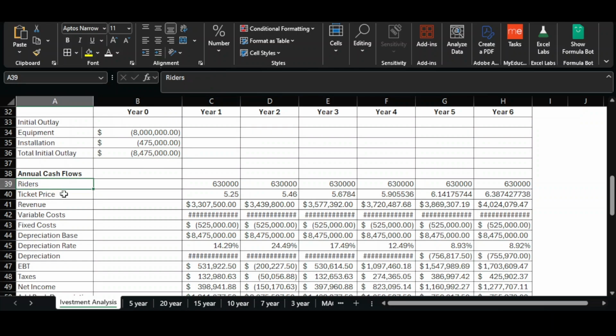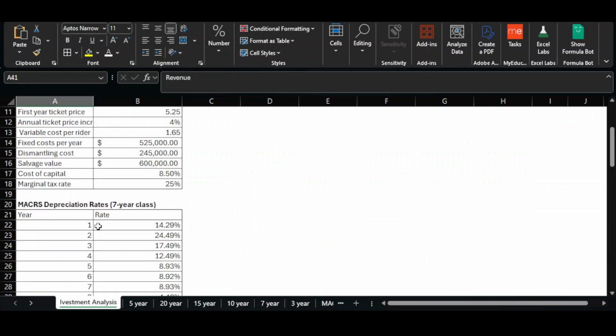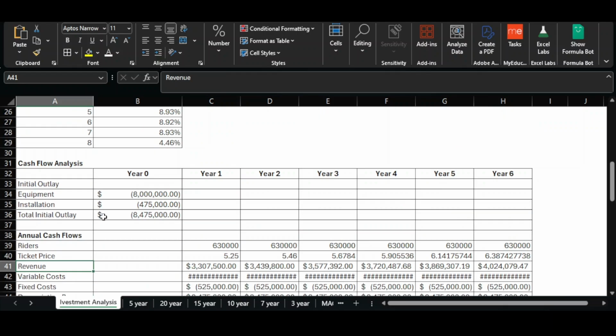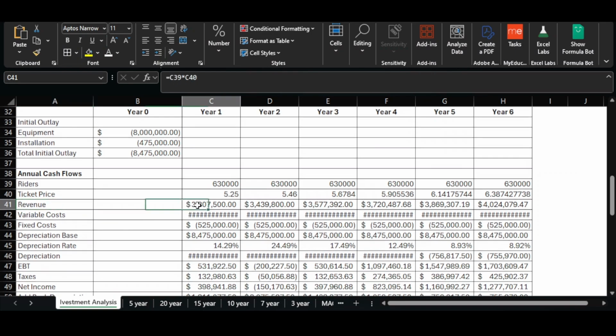And then for the other line items, in the category of cash flows, you might want to list down the riders, the ticket price parameter, and the revenue. The revenue here is measured by the price of a ticket multiplied by the number of expected riders.